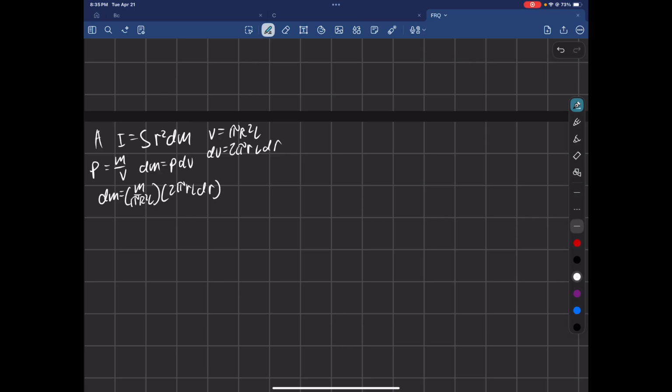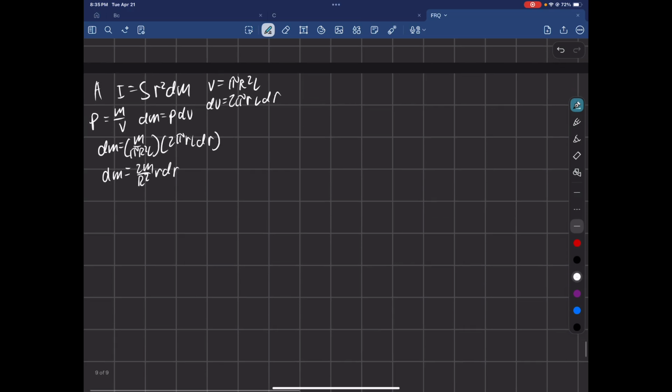And this could be simplified. We just get 2m over r squared, times r dr.